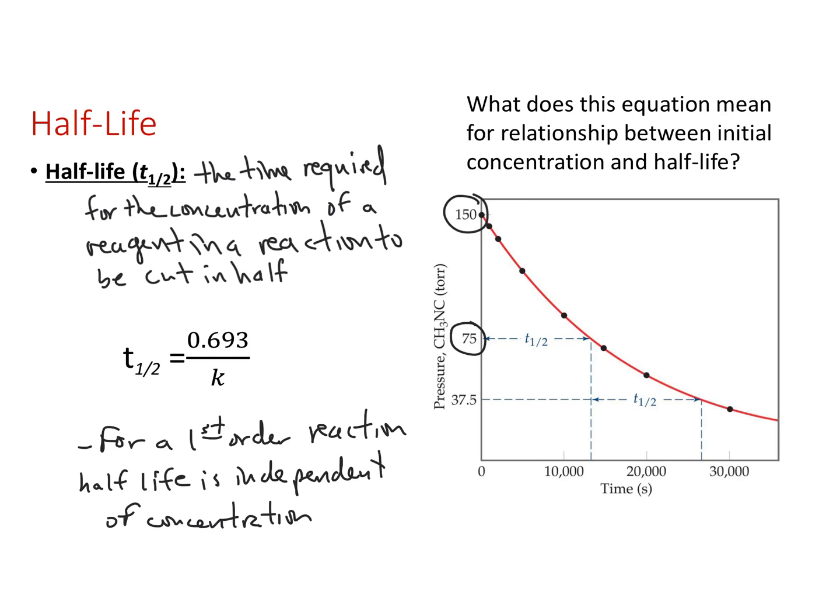That's my half-life. So maybe about 12,000 or 13,000 seconds is my half-life. All right, going from 75 to 37.5, that's another half-life, right? So that should be the same amount of time. So if this first half-life was approximately 13,000 seconds, this next half-life should be a total of 26,000 seconds, but the second half-life would be, again, 13,000 seconds of time between the second half-life and the first half-life.